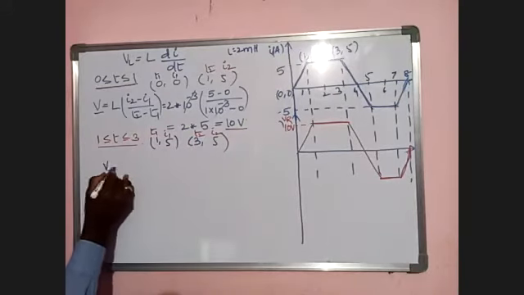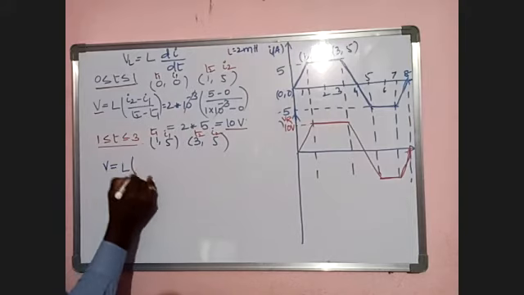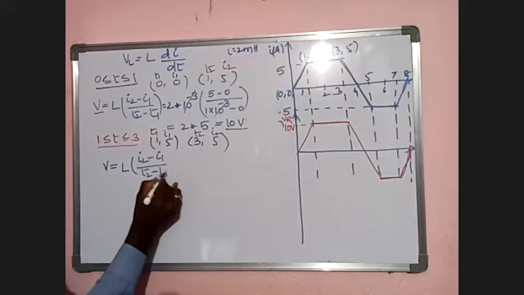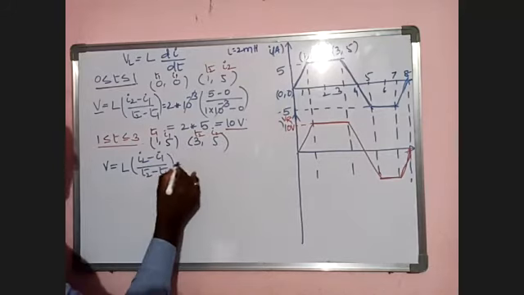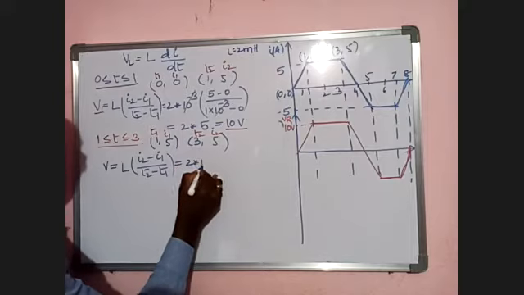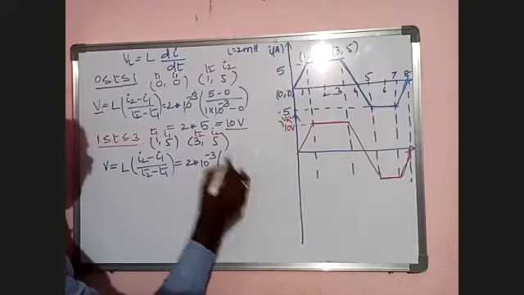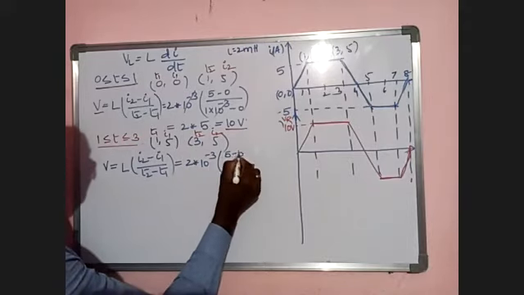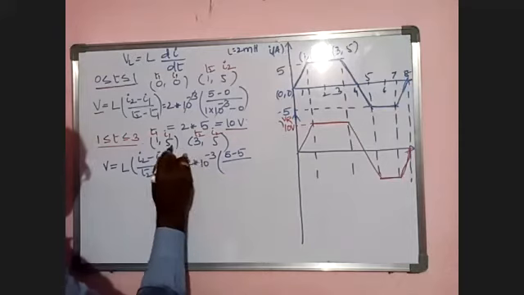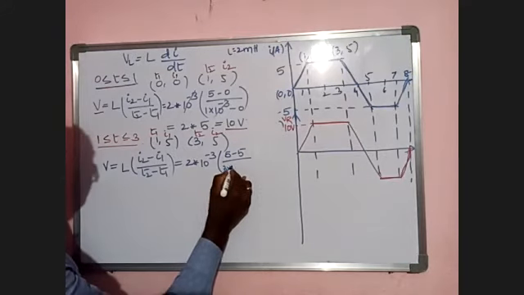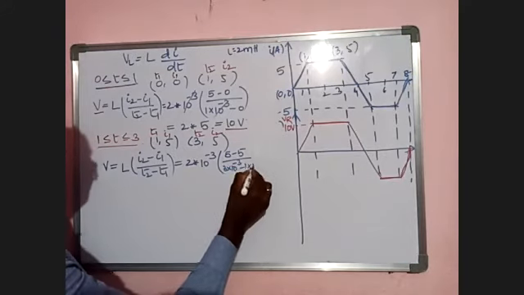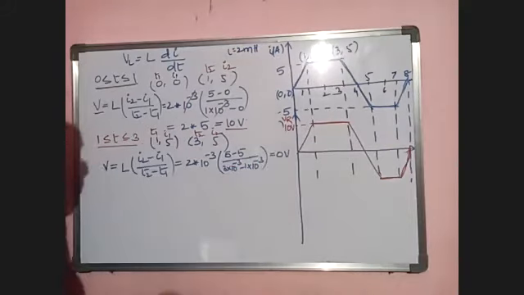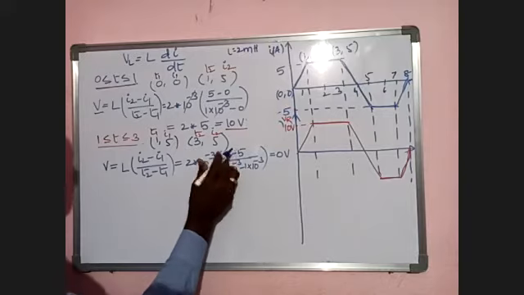Then your V is equal to L into, again, (I2 minus I1) by (T2 minus T1). What is L? 2 into 10 to the power of minus 3 into (5 minus 5) by (3 into 10 to the power of minus 3 minus 1 into 10 to the power of minus 3), which is equal to 0. 5 minus 5 is 0.